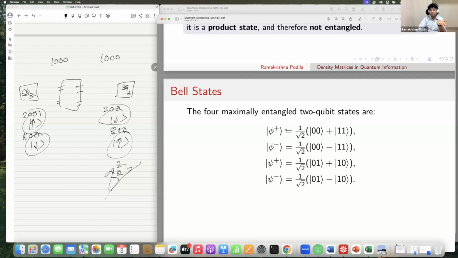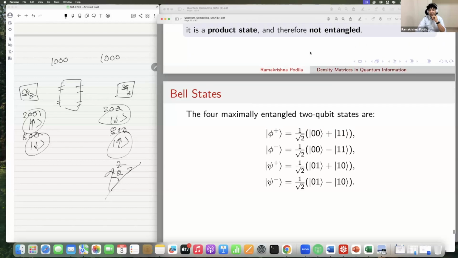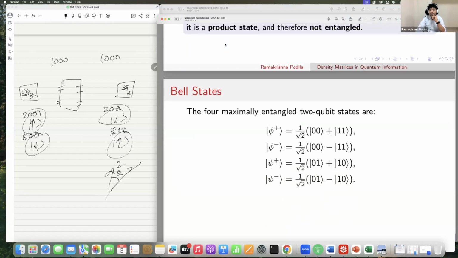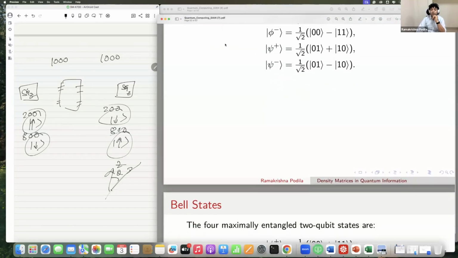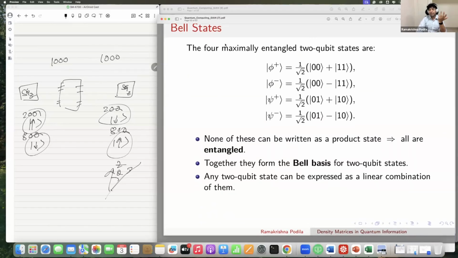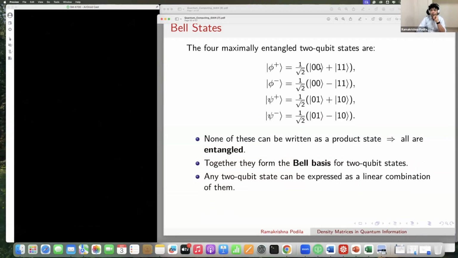You can look at what the trace of rho squared would be, and try to express these as a product state of phi and chi. It is not possible to express these states as a product of phi and chi. So those we would say are maximally entangled states or maximally correlated states, meaning that if I measure particle 1 to be 0, particle 2 must be 0 because there is no other way.